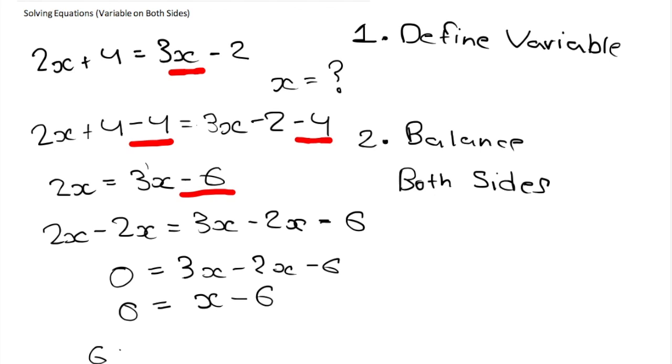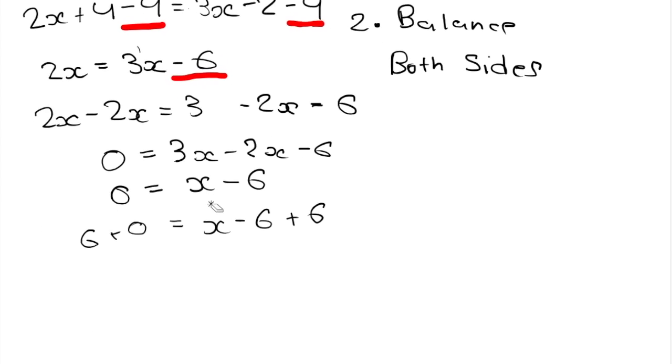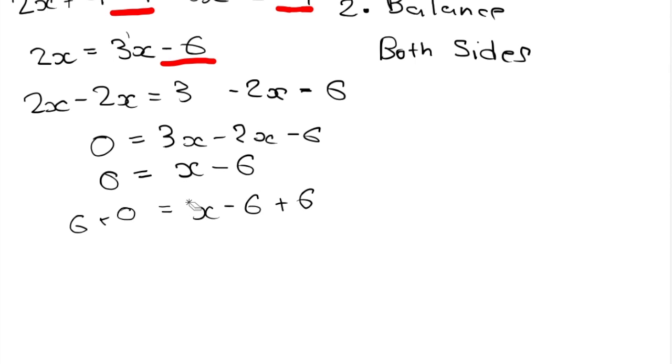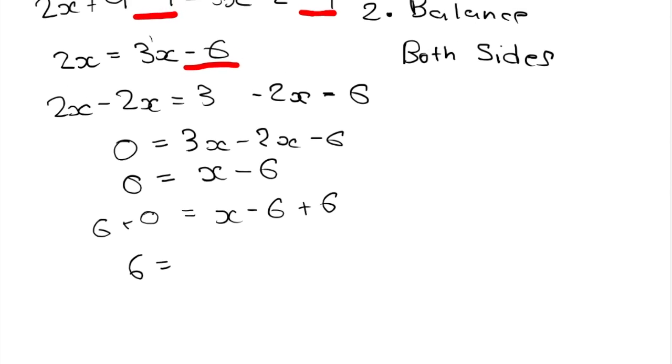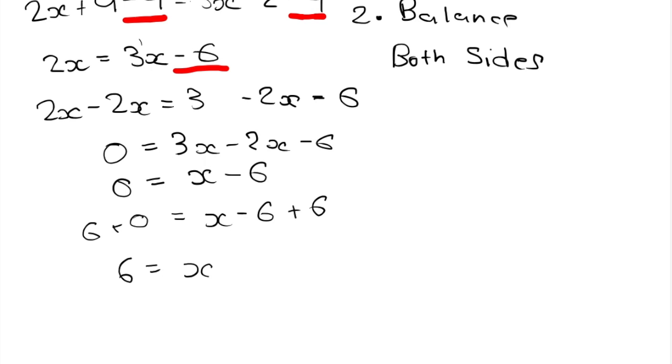So 6 plus 0, which is 6 of course, and x minus 6 plus 6. As you can see, the negative 6 and the plus 6 cancel out, which leaves us with 6 is equal to x. As you can see, I isolated for x and I got x is equal to 6.